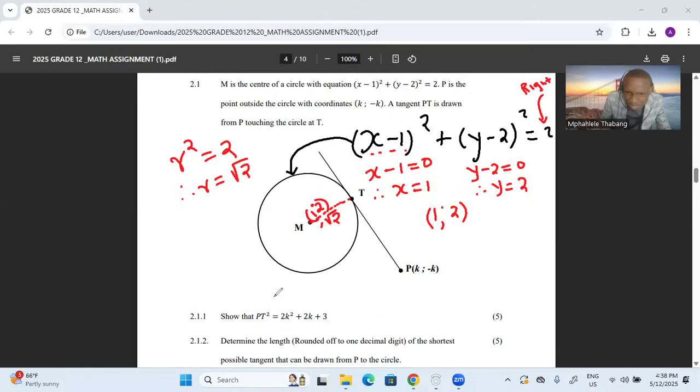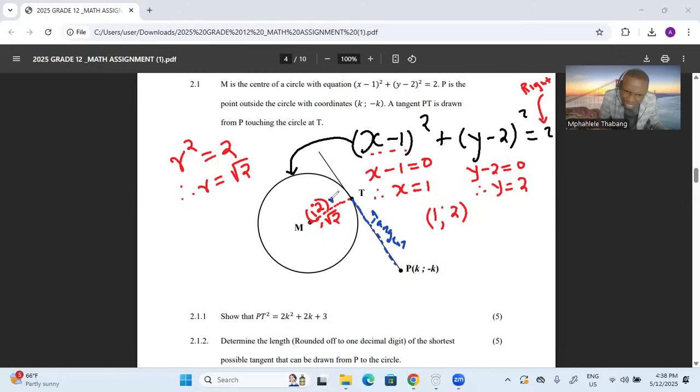Then another thing that you have to identify is that this line PT is a tangent line. We talked about it in question 1. Remember, we said tangent is always perpendicular to the radius. So this is the tangent.